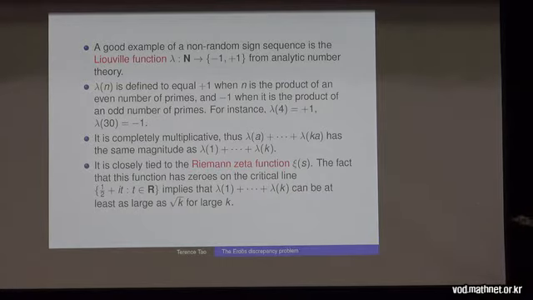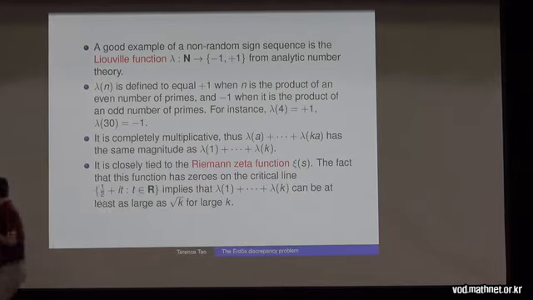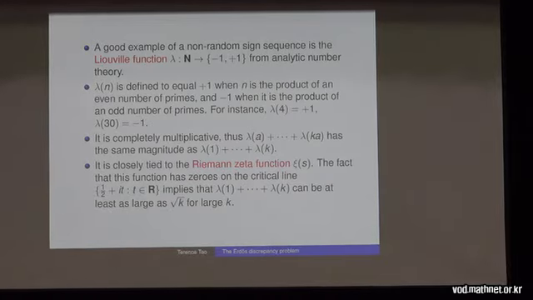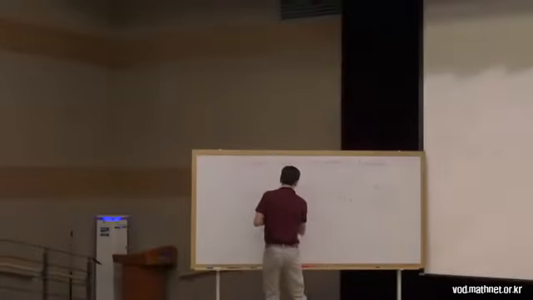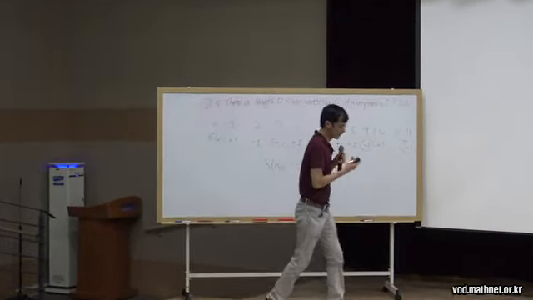It has a special property. It is what's called completely multiplicative. The special property of this function is that lambda of a product is the product of the lambdas, which is easy to see from the definition.